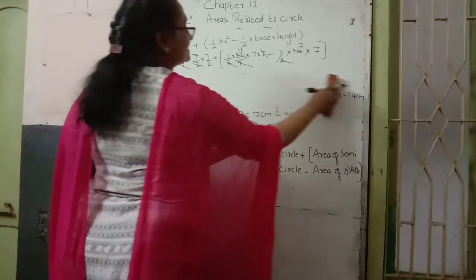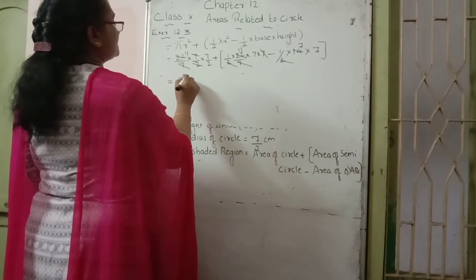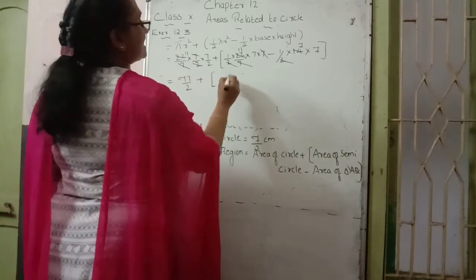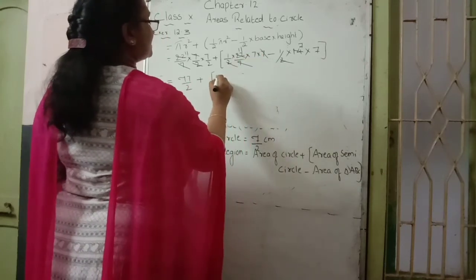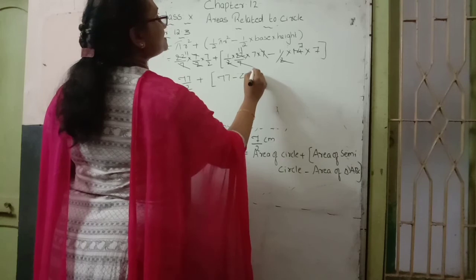So the remaining calculation is only 11 into 7, which becomes 77/2. Then plus, inside the bracket calculation, 11 into 7 becomes 77, minus 7 into 7 becomes how much?